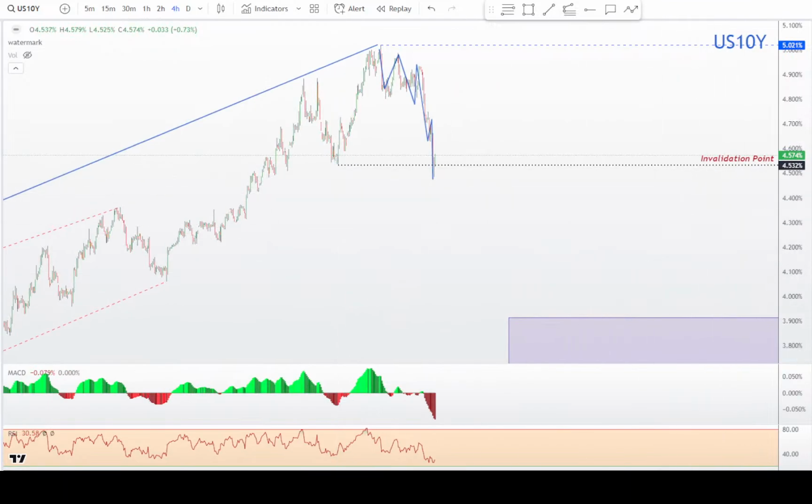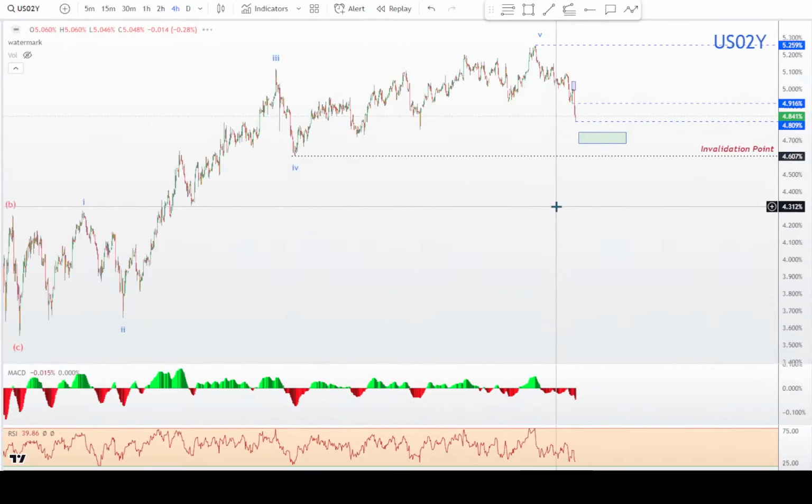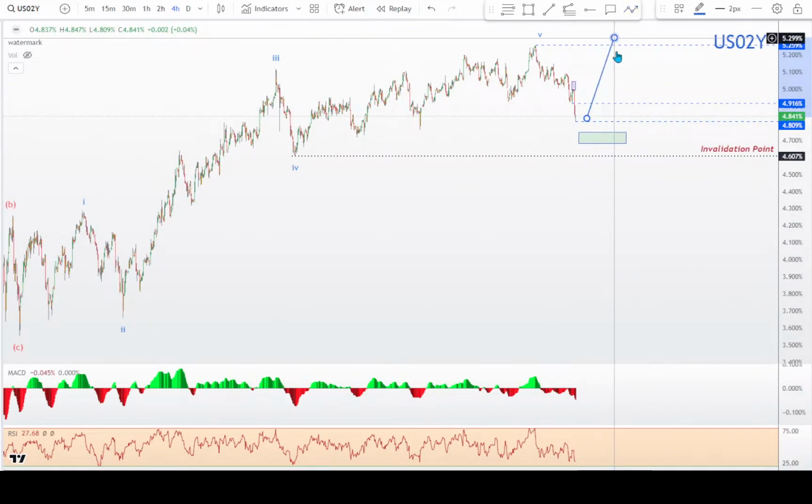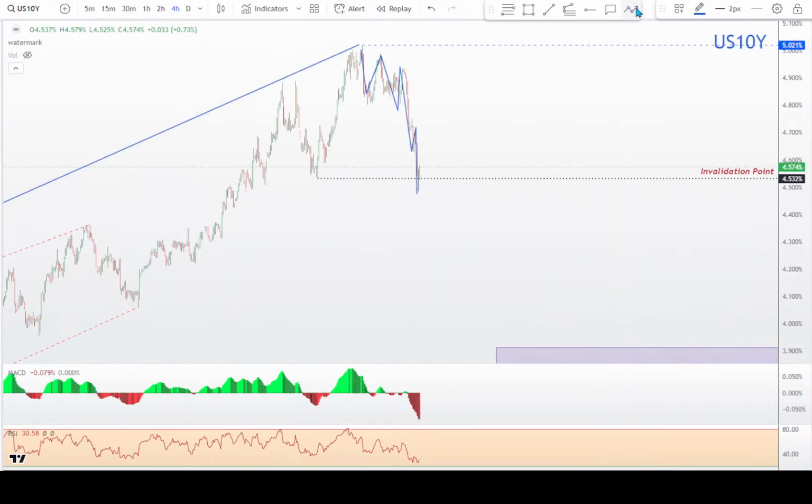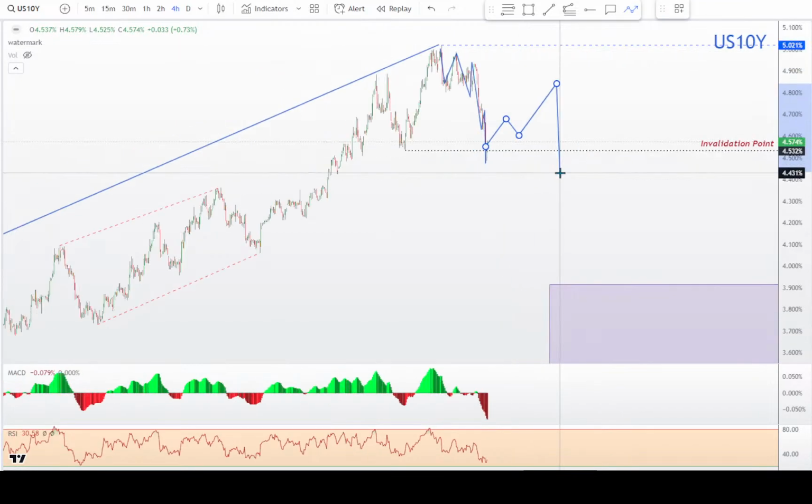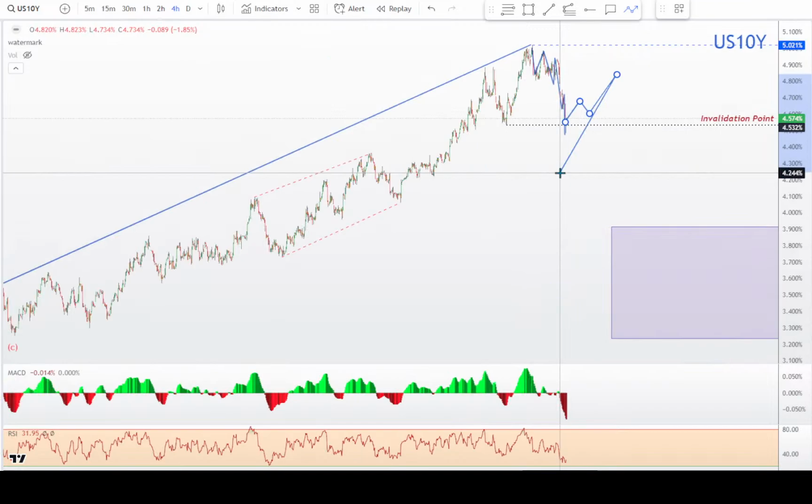So that's why it'll be interesting to see what the 2 year does. Does the 2 year go up to break its high one more time? Which I guess would be, then the 10 year will give you probably a big correction up, but it won't break. It should not. I mean, it's 1, 2, 3, 4, 5.